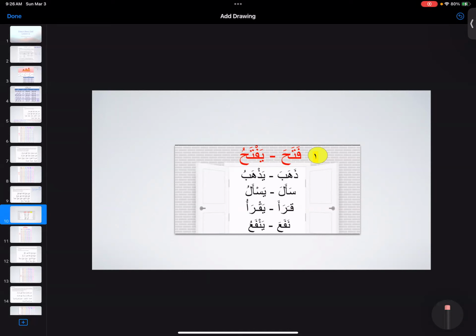And then ala, ism ala, with kasra: mis'alun. Now mas'alun with ta marbuta, mis'alatun, and mis'alun.